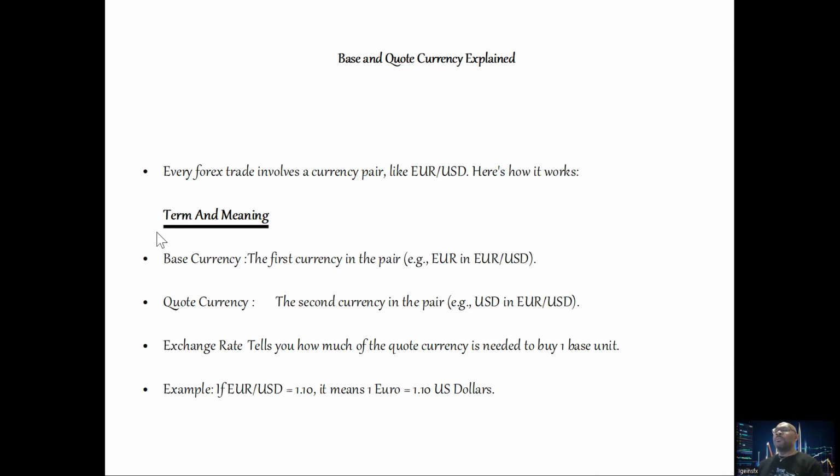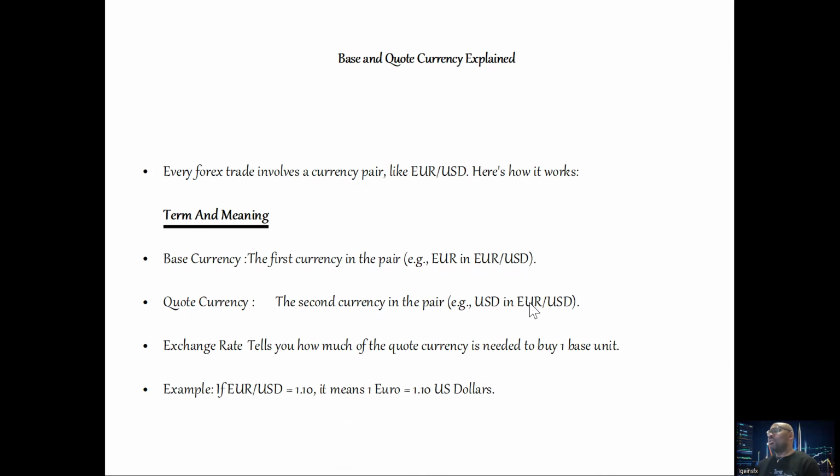Here is how it works. We have the term and meaning, all right? We have base currency. In those two currencies, one is a base currency and the other one is a quote currency. Now, what is base currency? The first currency in the pair is usually the base currency. For example, we have the euro and the USD. The first currency in the pair is the base currency, so automatically euro is the base currency. And the quote currency is the second currency in the pair.